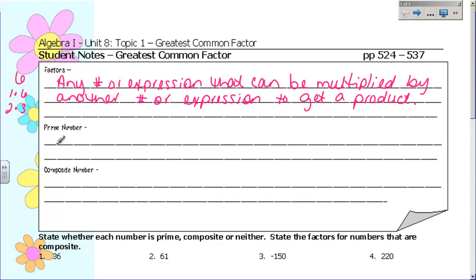Now, a prime number is any whole number greater than 1, so it can't be negative, and it can't be 0. So any whole number greater than 1, so starting with 2 and above, that has only 2 factors.